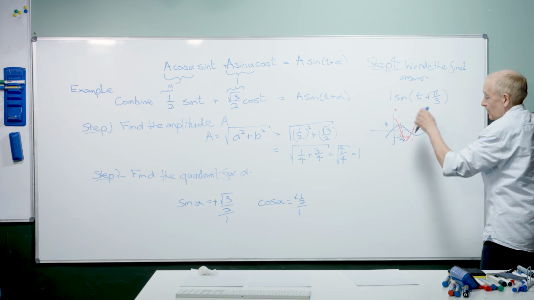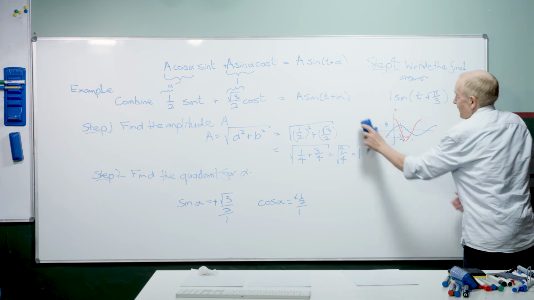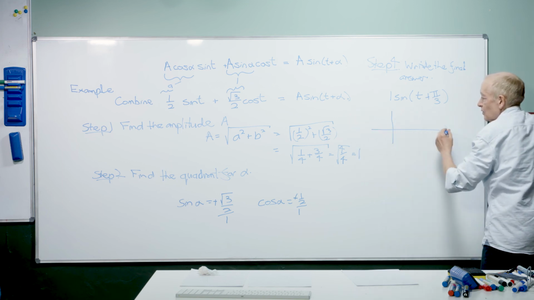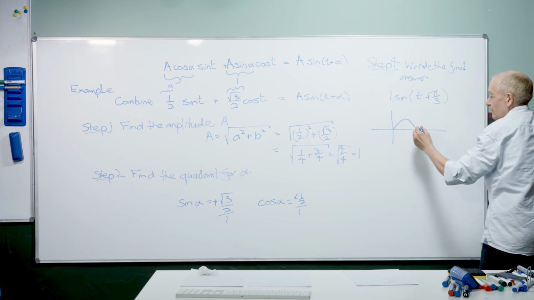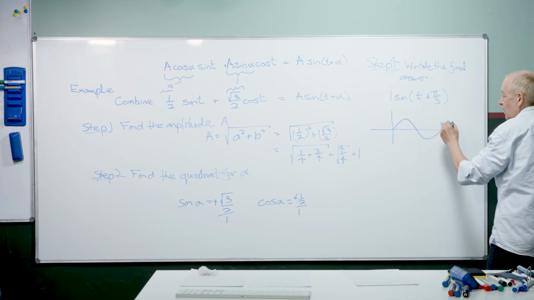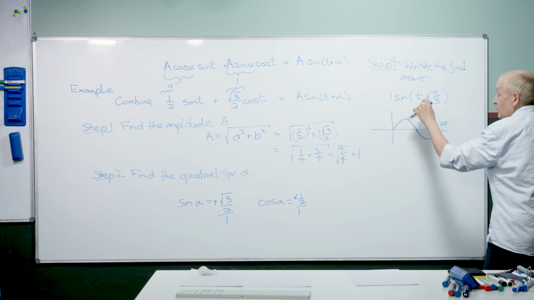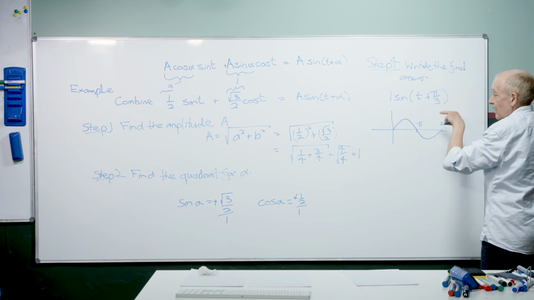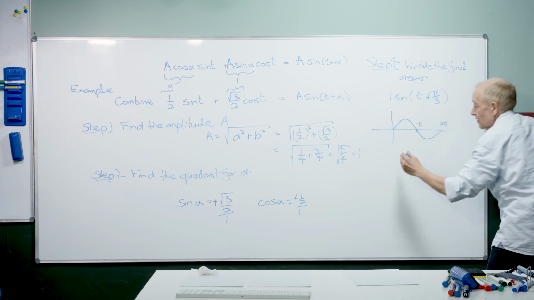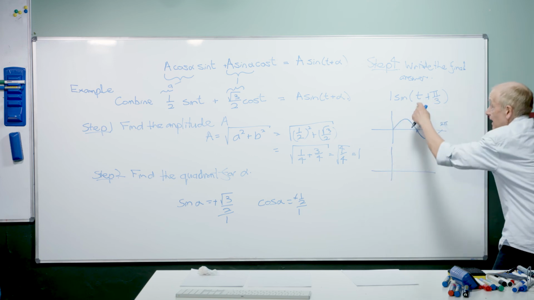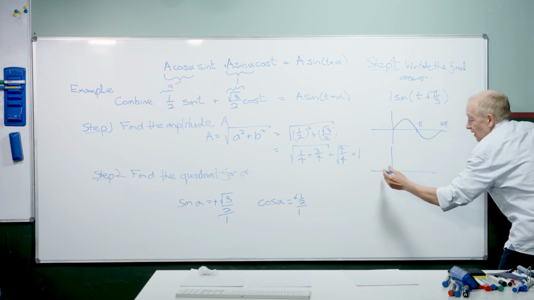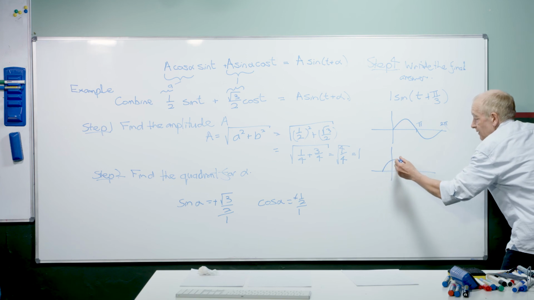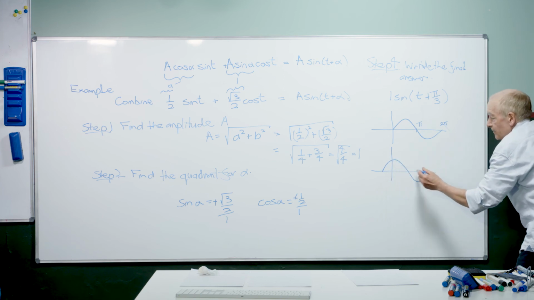So if we were to plot sine, for example, we know that the normal sine graph looks like this. This is 2 pi, this is pi. To plot this is much easier. The plus pi on 3 moves the graph to the left by pi on 3, and so the graph of this combined function is simply the sine graph moved to the left by pi on 3.